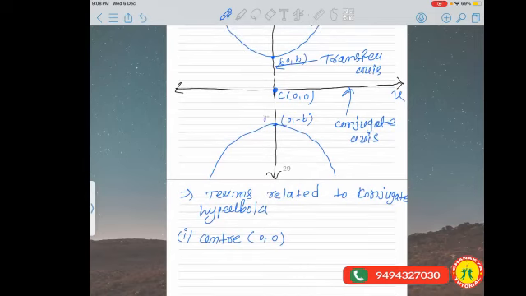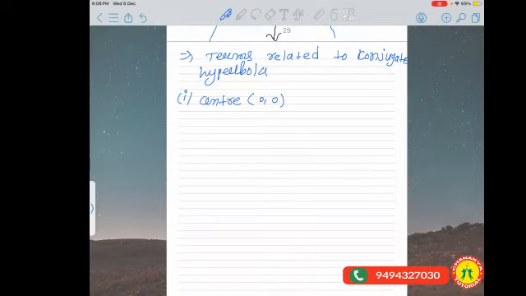Let this be A B dash. Second is the length of the transverse axis, which is equal to 2b.